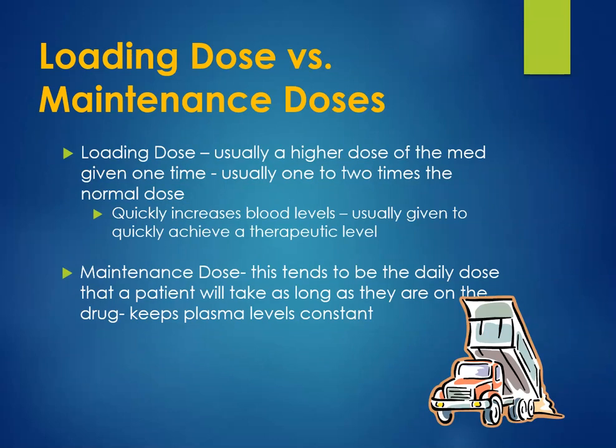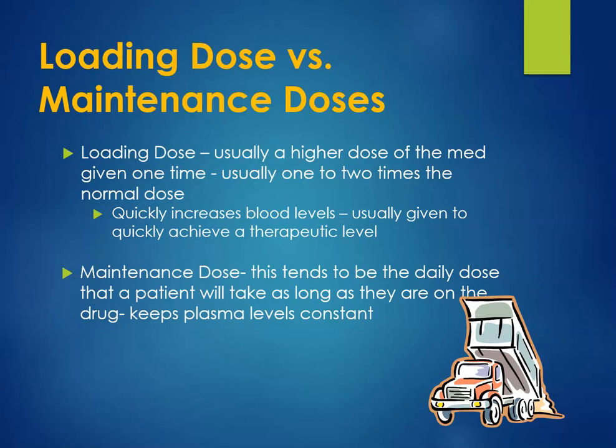Loading doses versus maintenance doses. Sometimes you'll hear this in a med order: give a loading dose and then begin, and it's this certain amount, and then all the doses after that are at this other amount, which is usually less. A loading dose is sort of like helping a patient get up to speed quickly, get their blood levels of the drug high quicker.